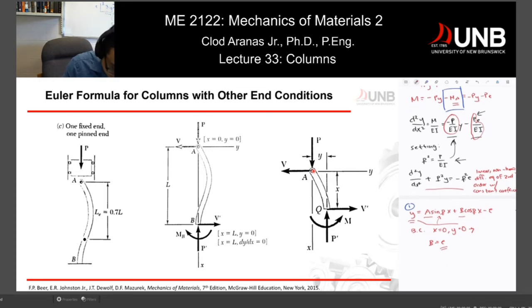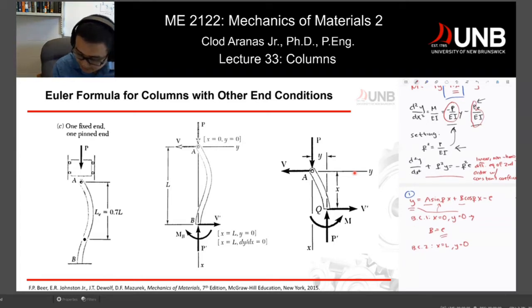Now, when you use the second boundary condition, number 2, this is number 1. Your second boundary condition is x is equal to L, y is equal to 0. That's the end connection at B, which means your B is still along the y-axis, and you will get the following.